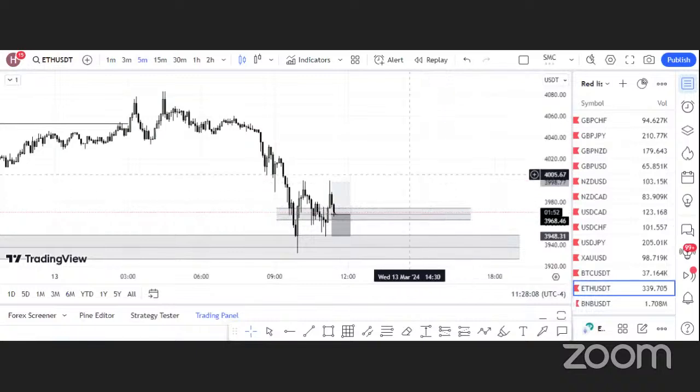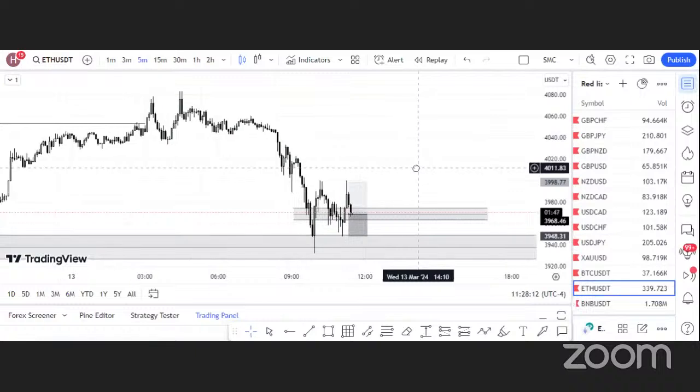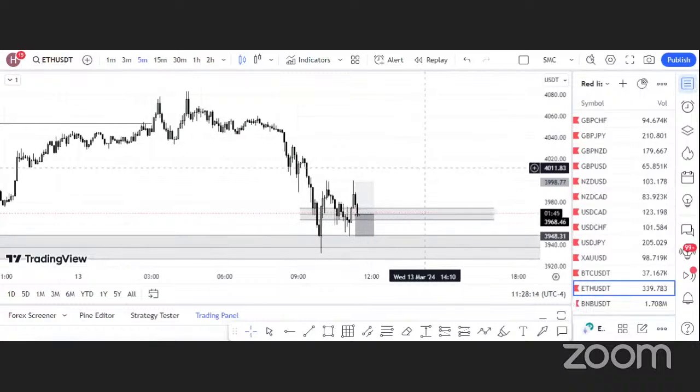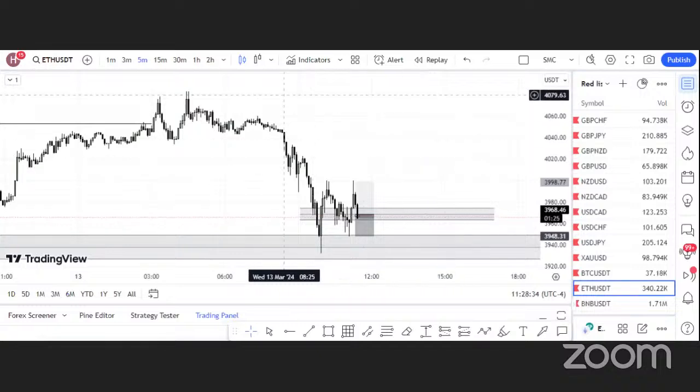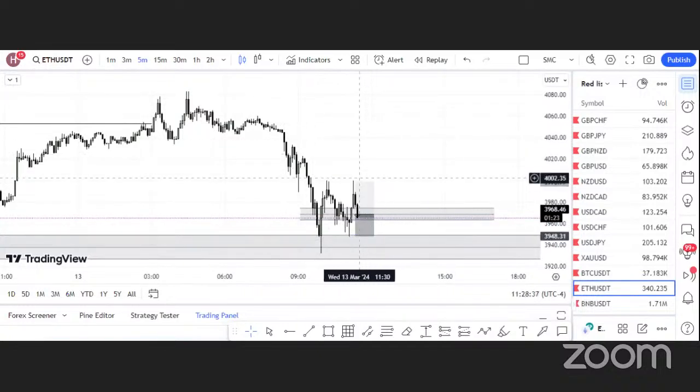Wow. Okay, guys, Ethereum USDT, let's buy now. So as I've said earlier, we want to be careful, so we don't want our stop loss to be too wide.